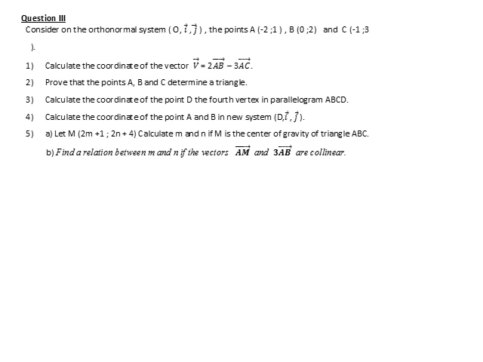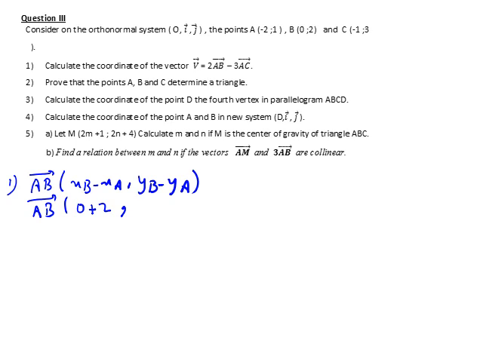Question 3. Consider the system OIJ, with coordinates of A, B, and C. Calculate the coordinates of vector V equal to AB minus 3AC. First, find the vector AB. AB is XB minus XA, YB minus YA. So AB vector is XB minus XA, 0 minus minus 2, which is 2, and YB 2 minus YA 1.